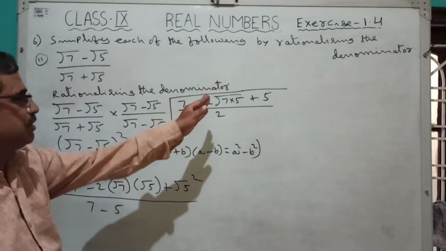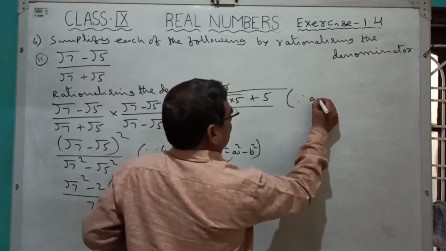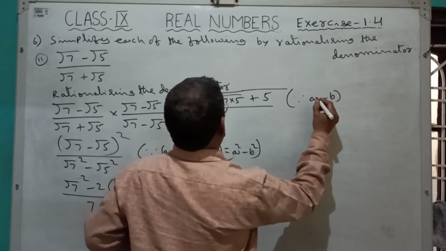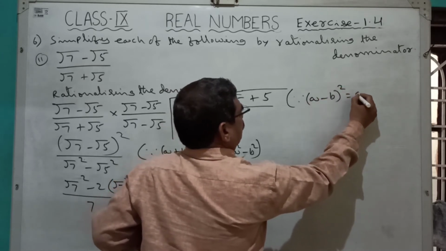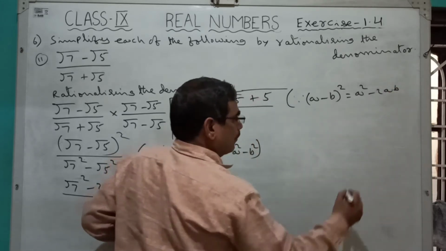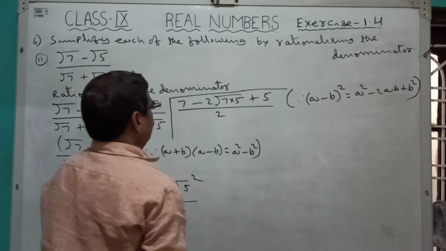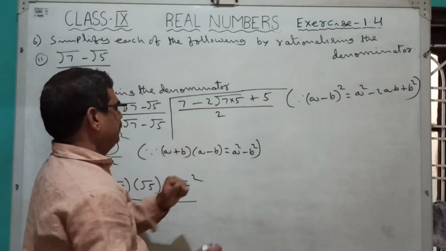So here I am using this formula: (a minus b) whole square is equal to a square minus 2ab plus b square. So 7 plus 5.